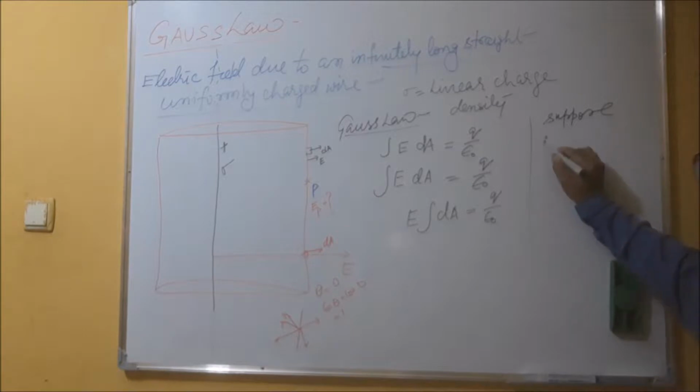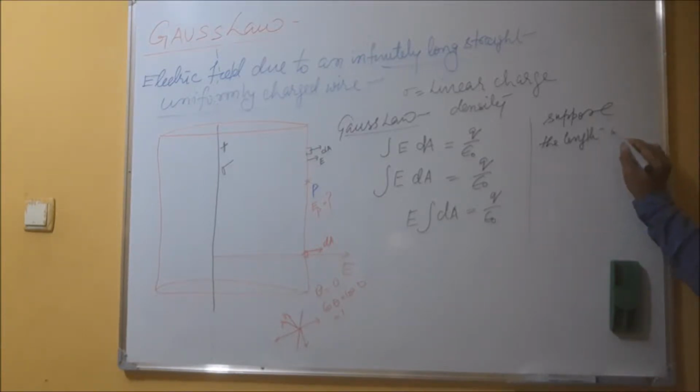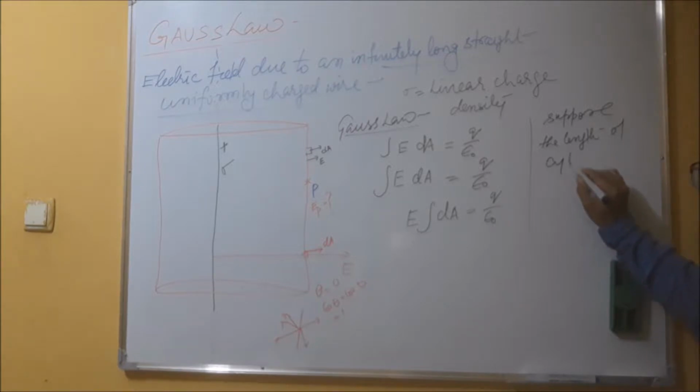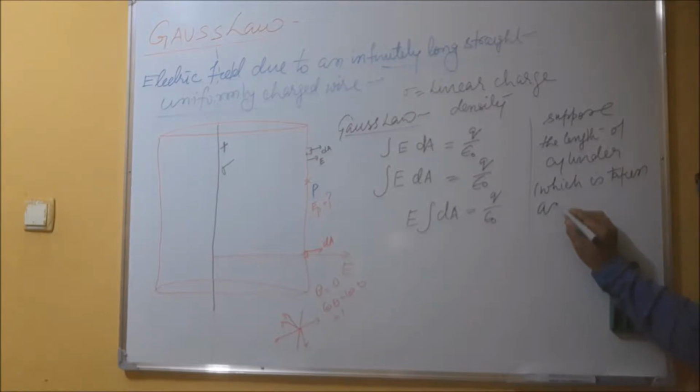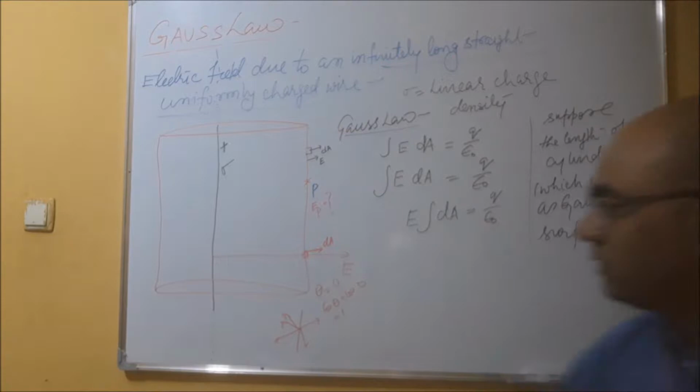Suppose the length of the slender, which is taken as the Gaussian surface, is L, right?